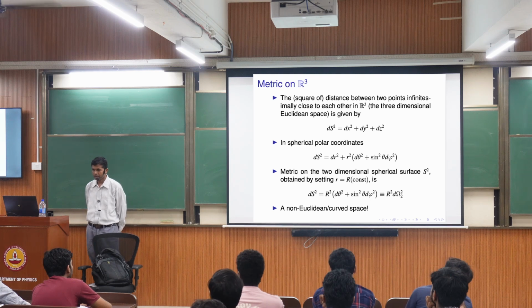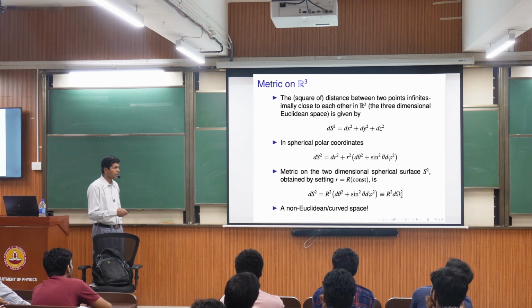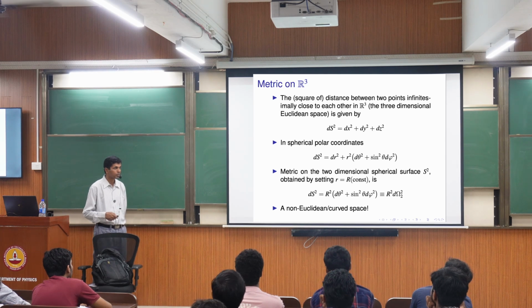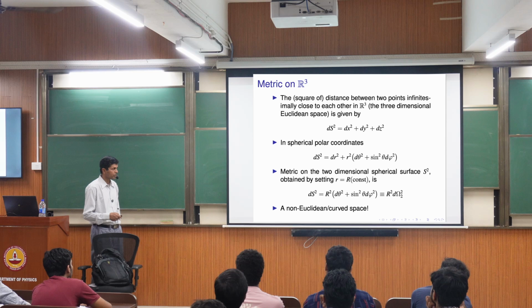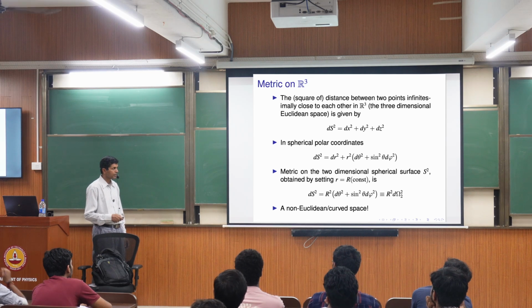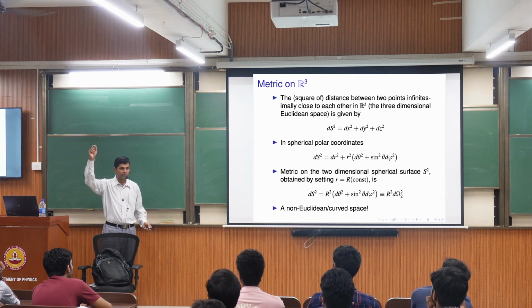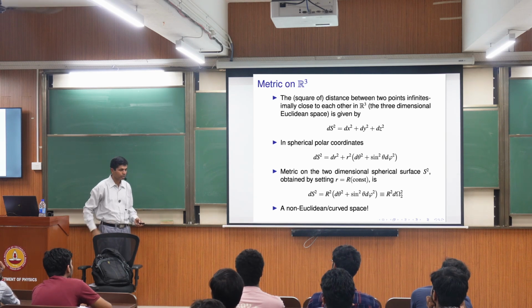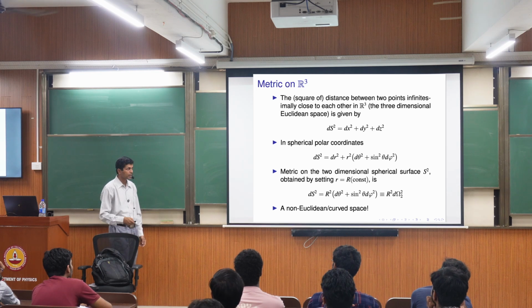The same distance can be expressed in what I call the spherical polar coordinates. I hope you are familiar with spherical polar coordinates, but if not, just like here, you consider any point, you can specify it by x, y, and z coordinates.